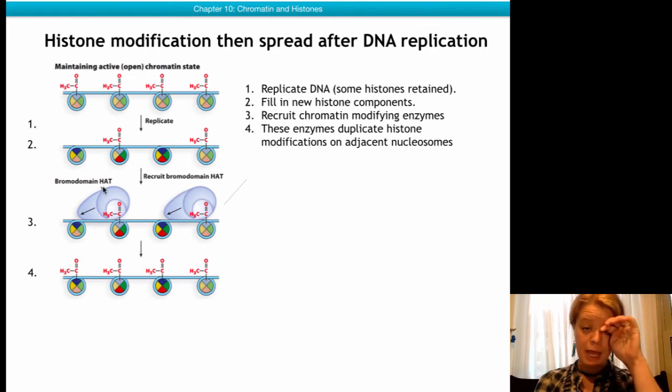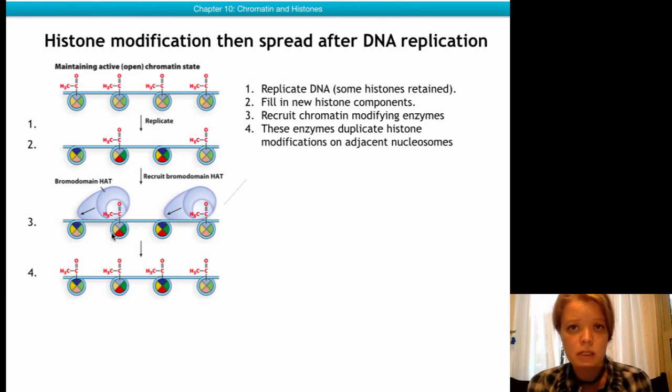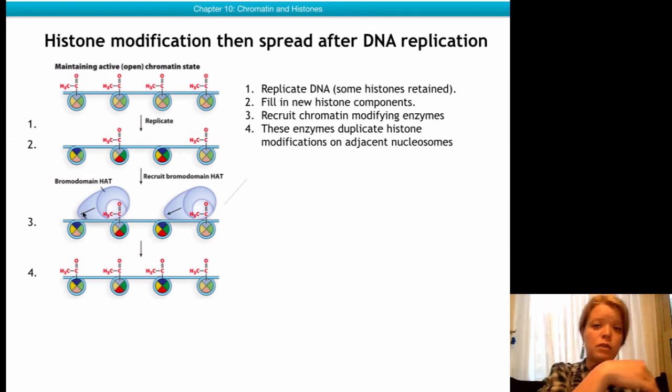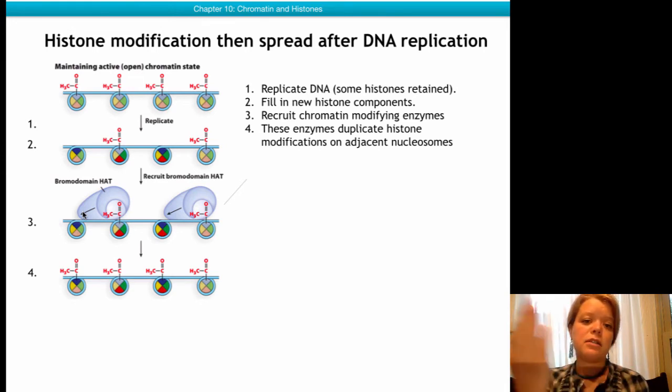So the bromodomain hats do exactly that. They recognize that this is an acetylated histone, because that's the only thing they can bind to, so they bind acetylated H3. And because they're long enough to reach over to the next nucleosome over, they can then modify that tail to an H3K9 state as well, for example.